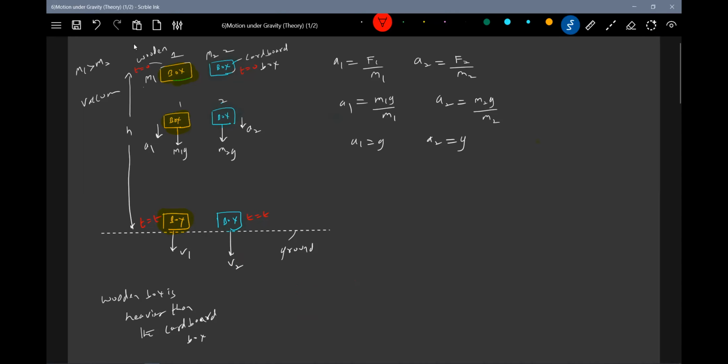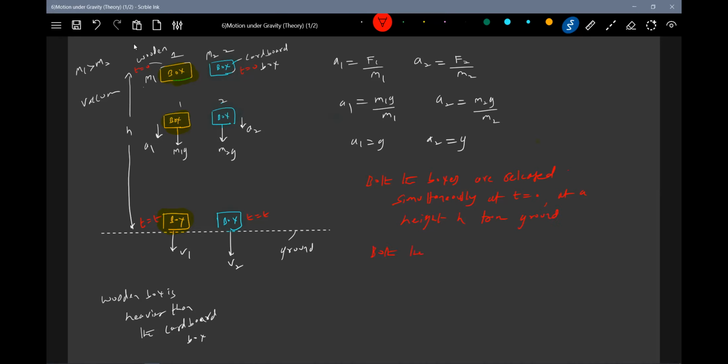Both the boxes are released simultaneously at t equals 0 at a height h from the ground.